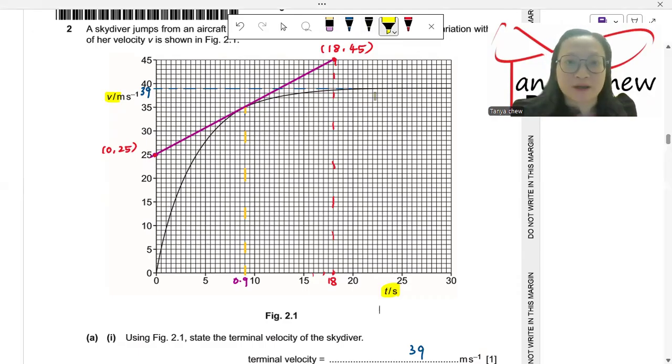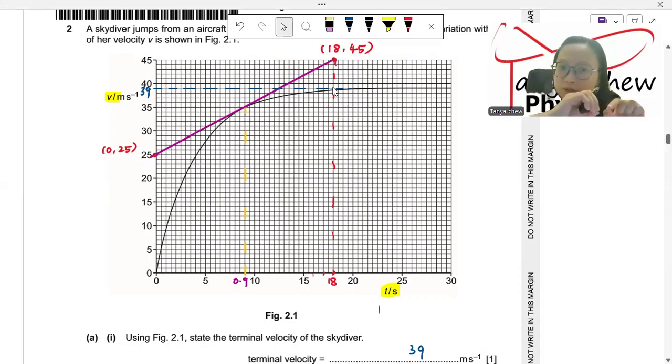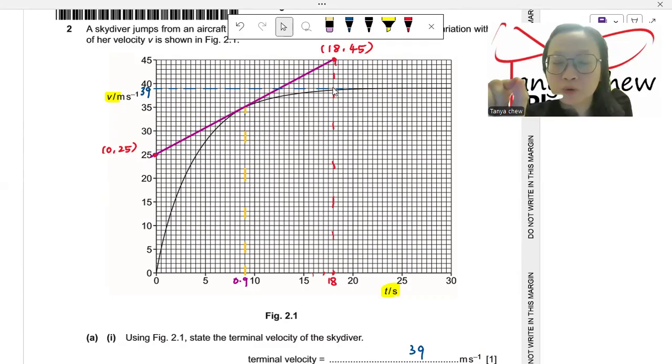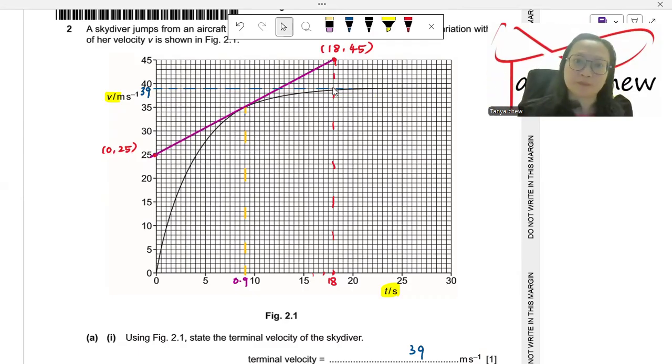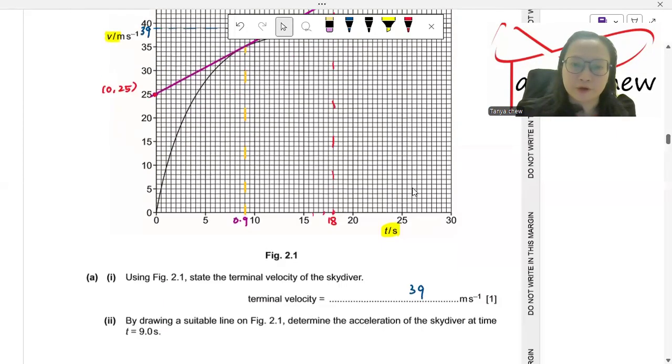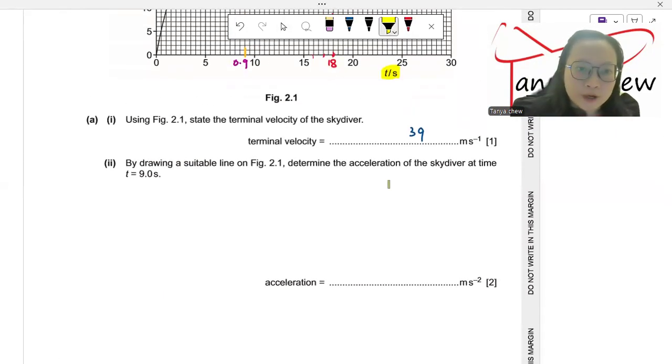So this is a tangent that I drew here. A tangent is a straight line that passes through the point stated. So I need to pass through the point at 9 seconds. So to find the acceleration is the gradient of the tangent. The purple line represents the tangent. So I will just say it out here.